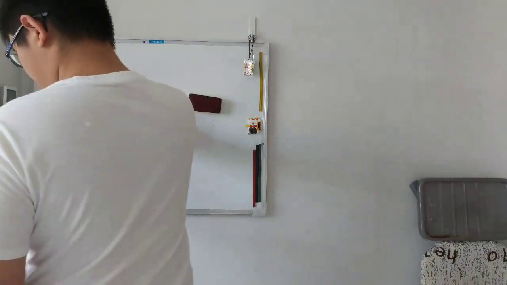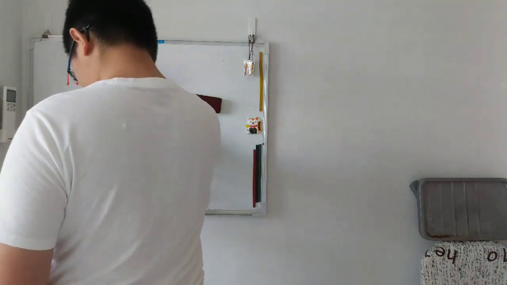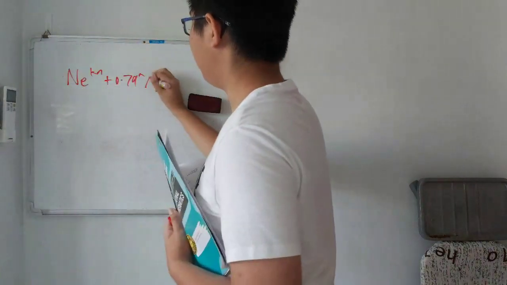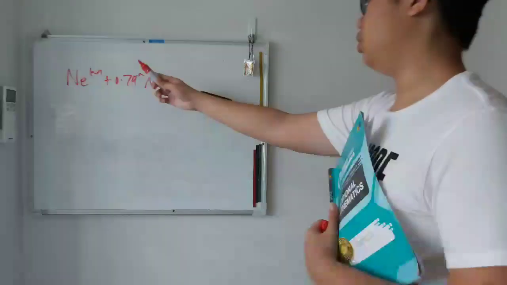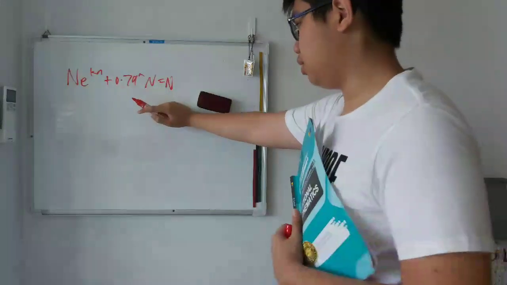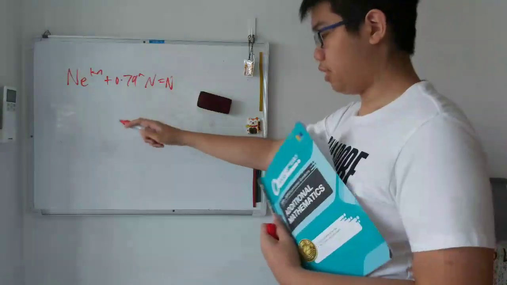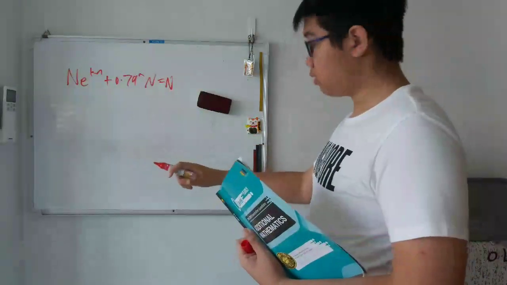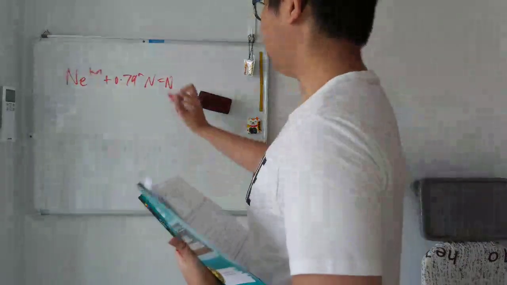We know that N e^(kn) plus 0.79^n N is equal to just N. This is what we know. Because this is the number of germs that have been killed, and this is the number of germs that are alive, so what we know is that this is the total number of germs, okay?